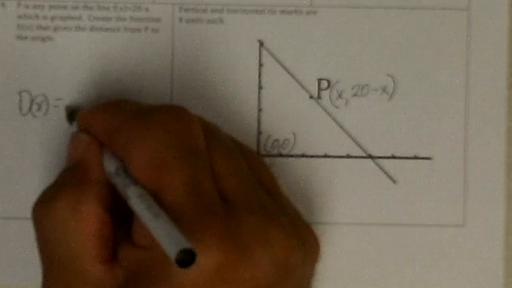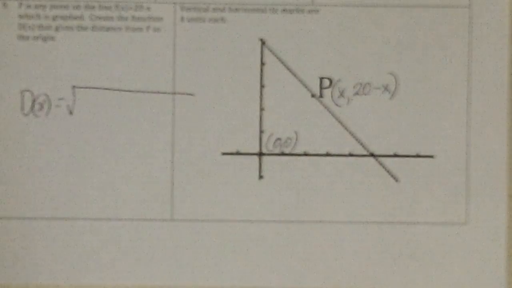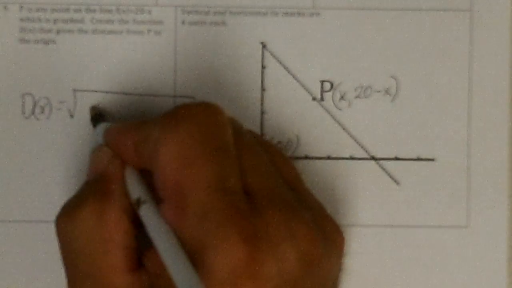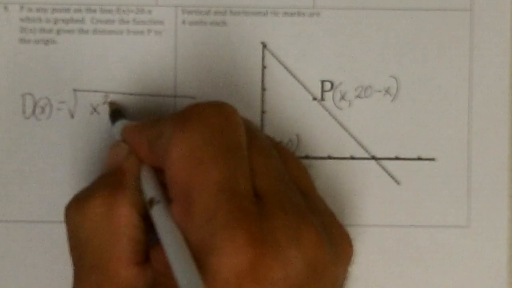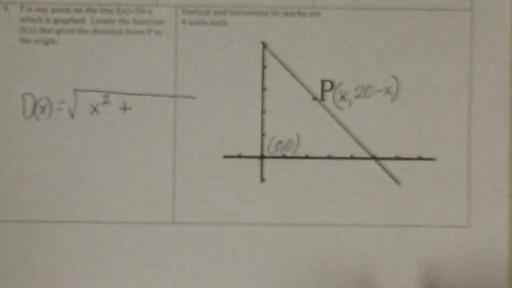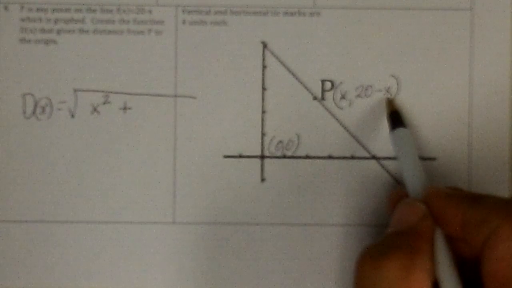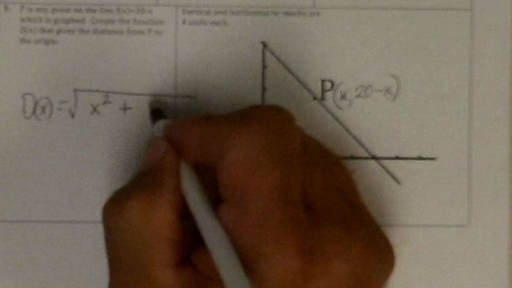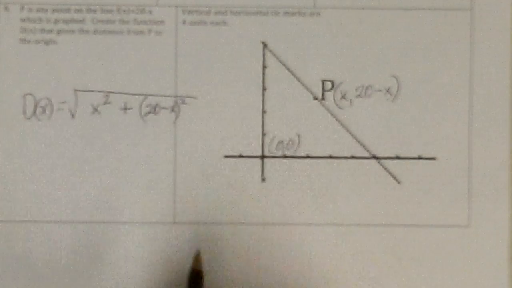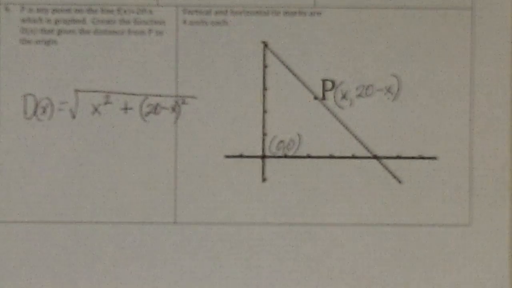Well, the distance formula is the square root of change in x, so x minus 0 is x, change in x squared, plus change in the y. Y is 20 minus x, minus 0 is just 20 minus x squared. And that's it for that one.